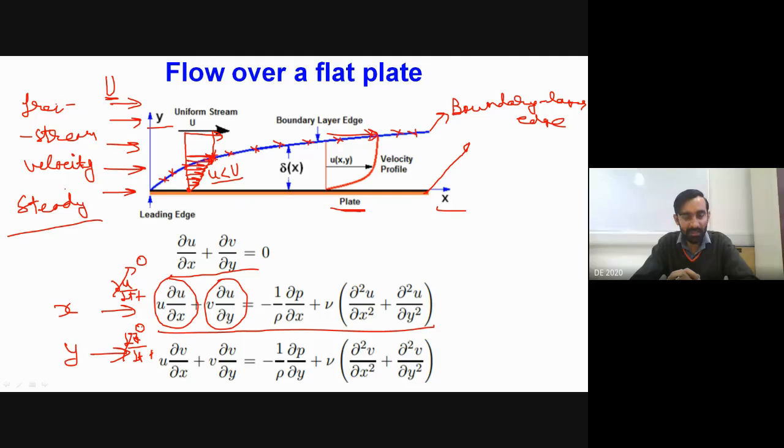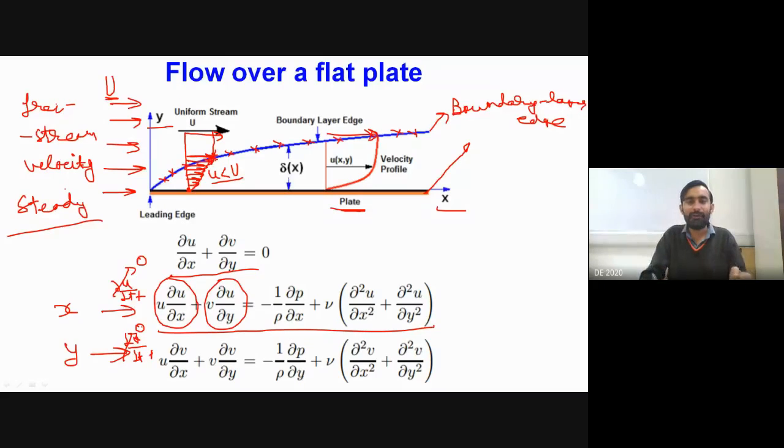Okay, so what we generally do, first we try to do some sort of order of magnitude or scaling analysis, and based on that we try to find out which terms are relevant for the present phenomena, and which terms we can remove from our equation. That will help us in simplifying our flow problem.